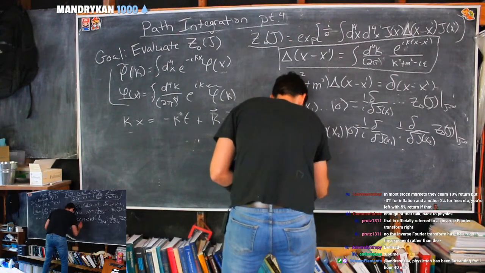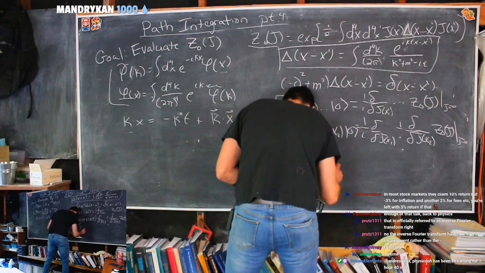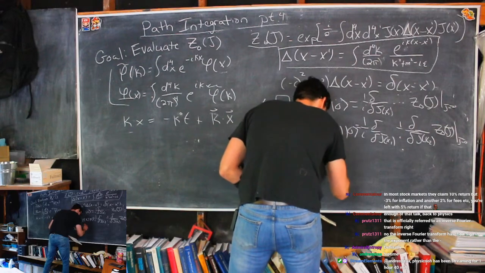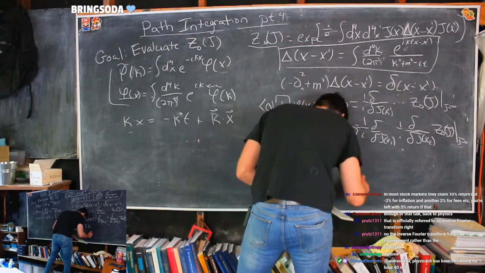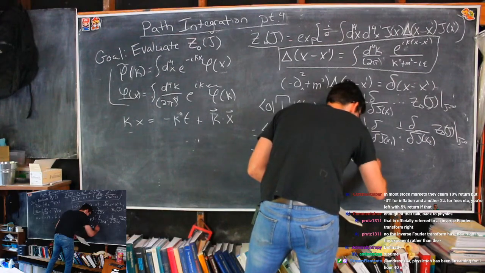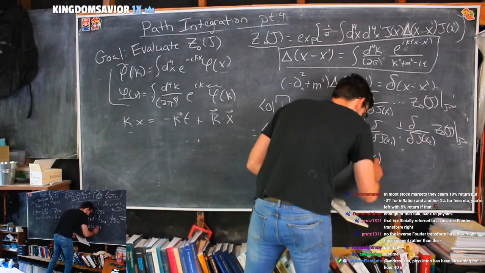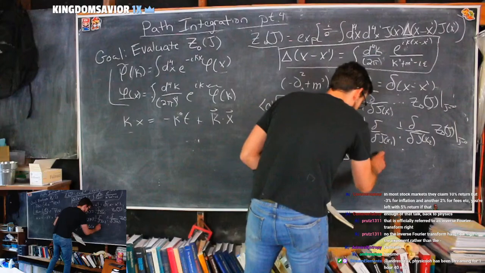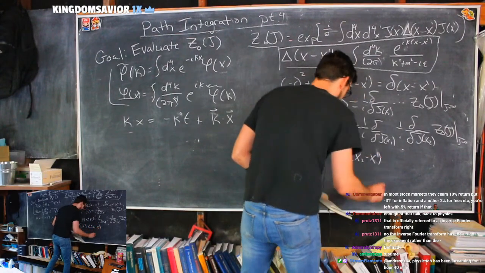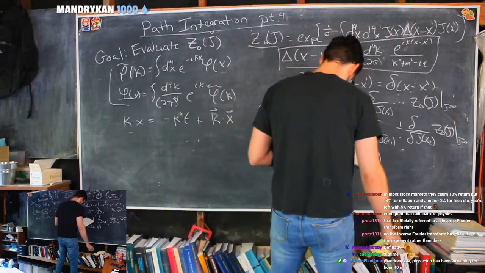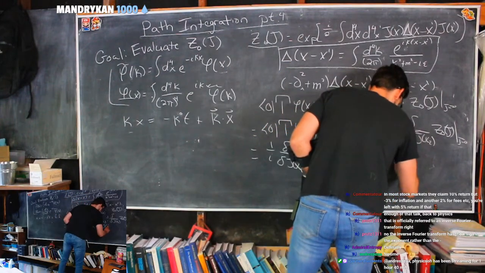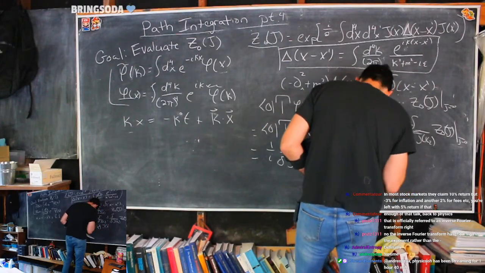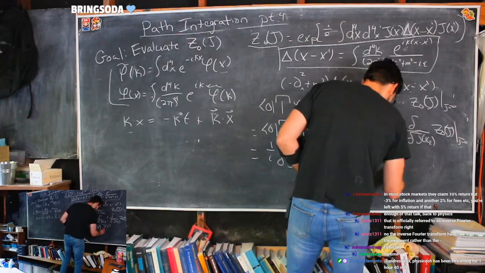You'll get the integral d4x prime times the Green's function, or the propagator, but now instead of x2 to x1, it's x2 to x prime. And then our source term jx prime.